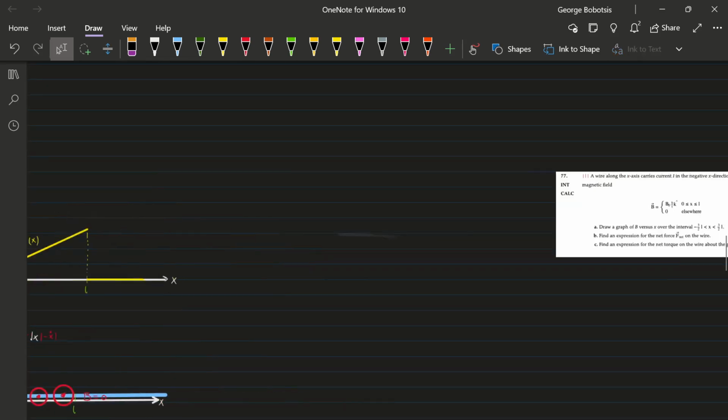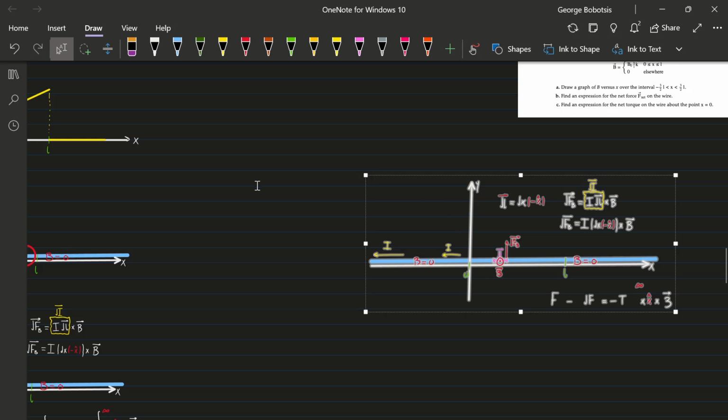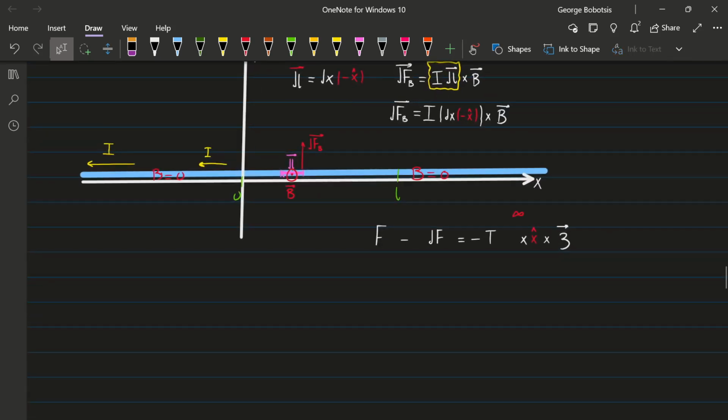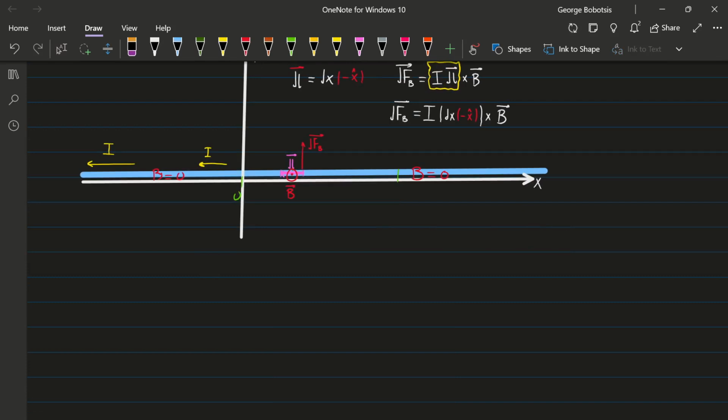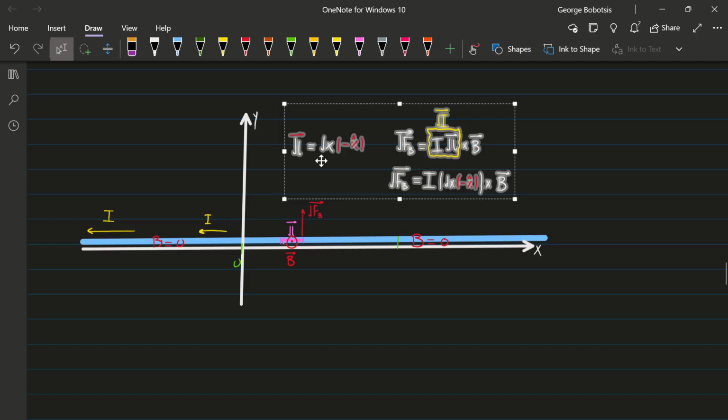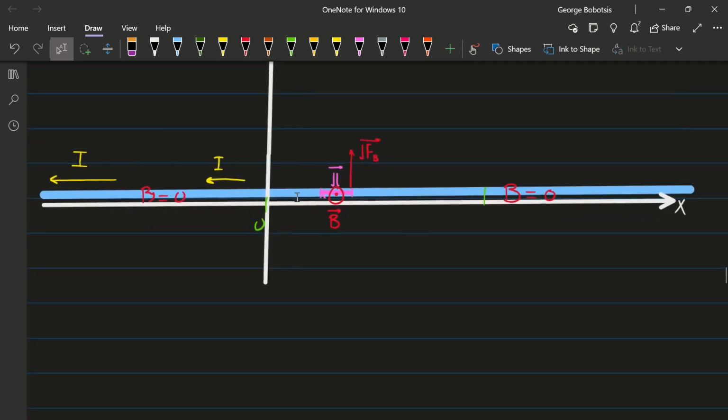I'm going to recycle it a little bit and show you what's going to happen here. I want you to understand that when I'm doing torque this time, I care about summing the infinitesimal torques that are acting on this wire. I am supposed to be taking the pivot or the rotation axis to be right there.